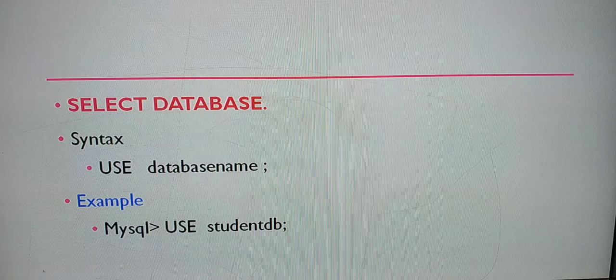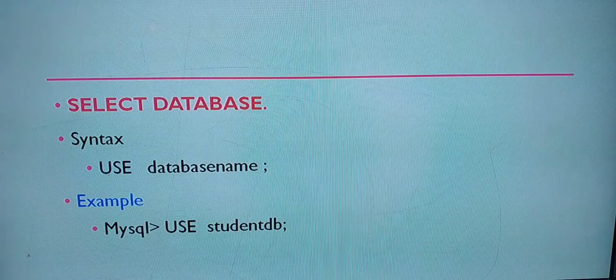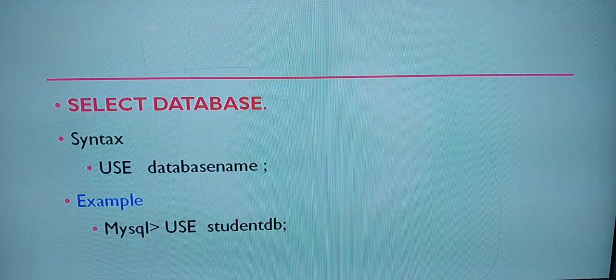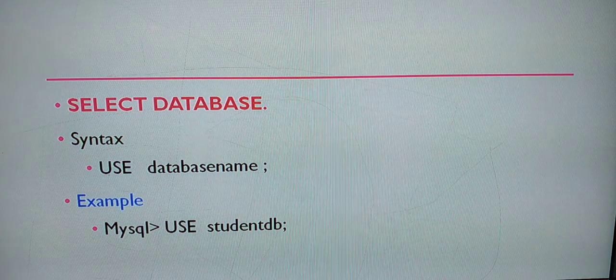Yes, next you people are going to have the select database. Next it is your select. So what is the syntax for select? Yes, it is use database name. So here use, it's your function name, and database name is nothing but that you people have created, or that database which you people are willing to use will be coming under database name. Go with that example.